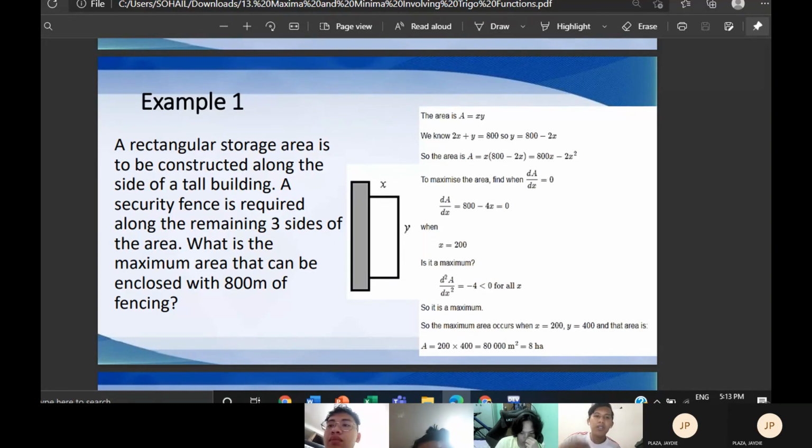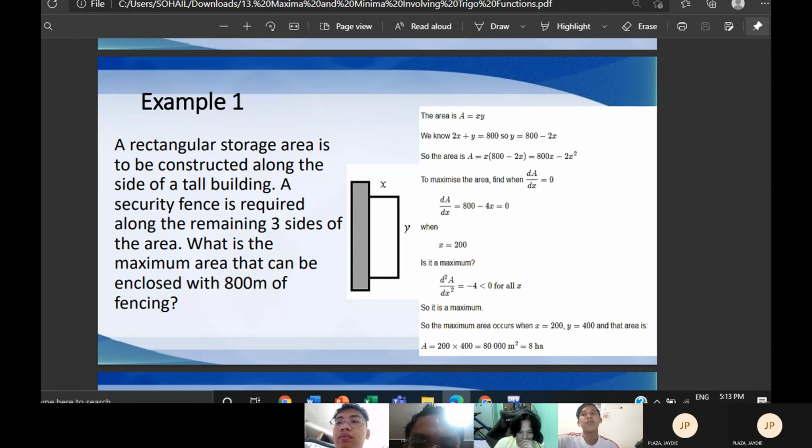So dA over dx is equal to, i-derivative yung 800x at yung negative 2x squared. So yung 800x, mawawala na ang x kasi magiging x sub 0 na yon, while yung 2x squared, magiging 4x.